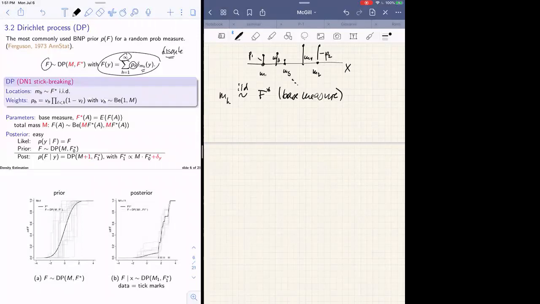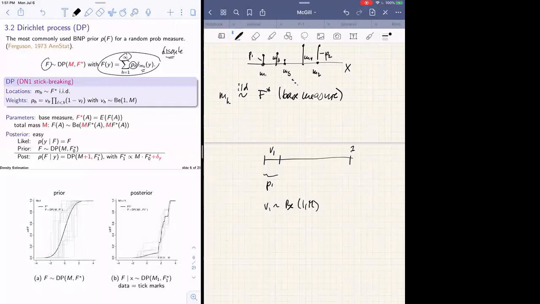And the P sub h, I cannot ask for them to be IID because they have to add up to 1. For the P sub h, we do the following construction. We look at the total probability mass of 1. And we'll first break off a little fraction, let's call it V sub 1. And that becomes my P1, where the V sub 1 is a draw from a Beta(1, M).